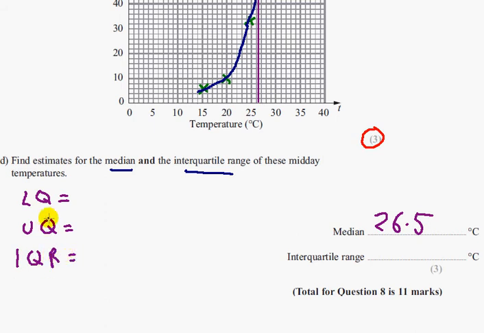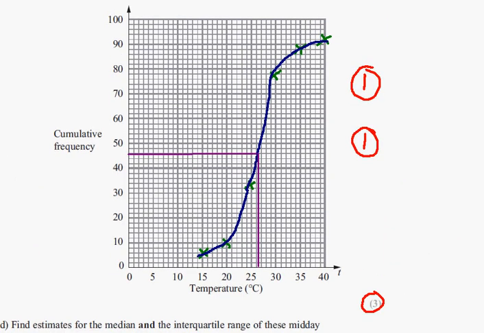Okay, so to get the lower quartile, that's the first quarter of those days, so 92 divided by 4 gives us the 23rd day. 23 days would be my lower quartile. So we need to draw a line over at 23 and estimate that.